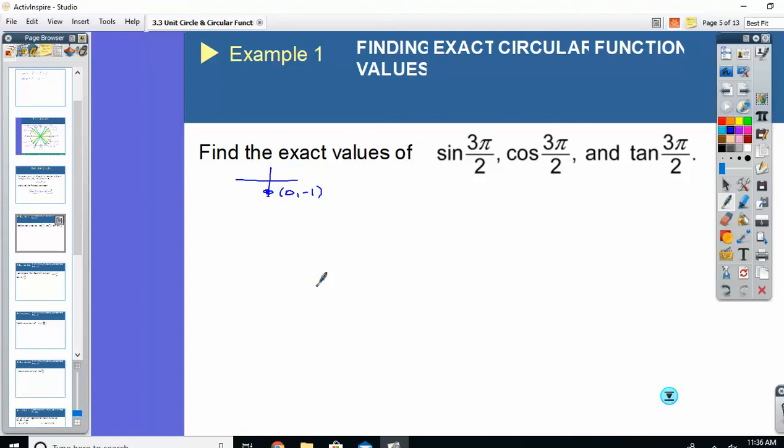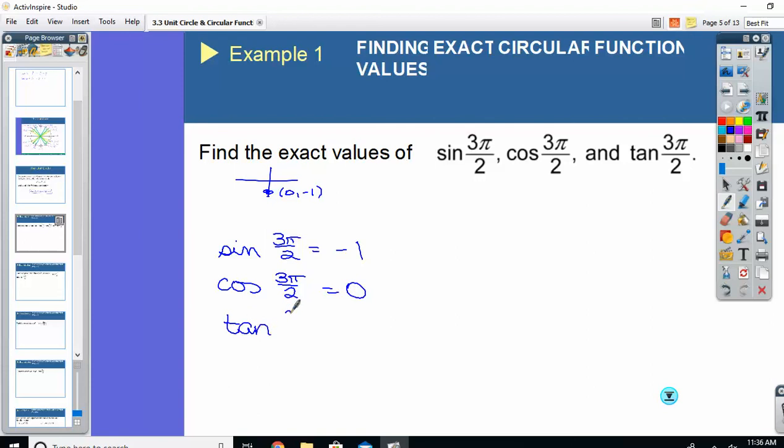We don't really. We could just look at these ordered pairs. So sine of 3 pi over 2, sine is your y, which is negative 1. Or you could think y over r. Negative 1 over 1 is negative 1. Cosine would be 0. It's just the x value.